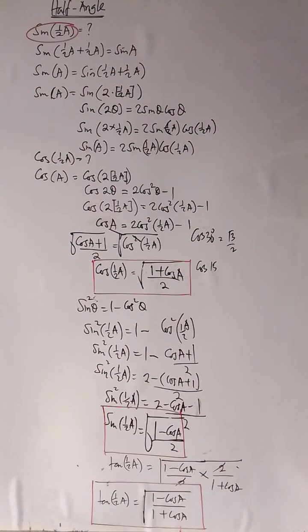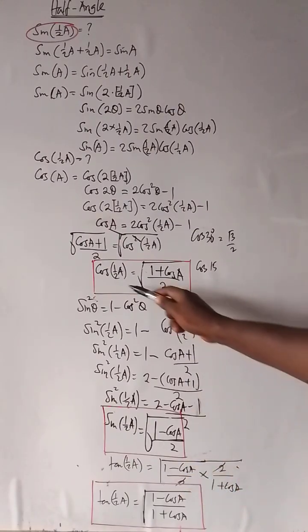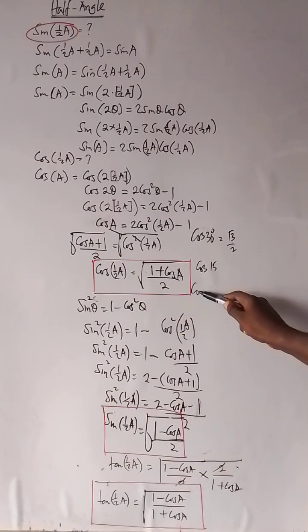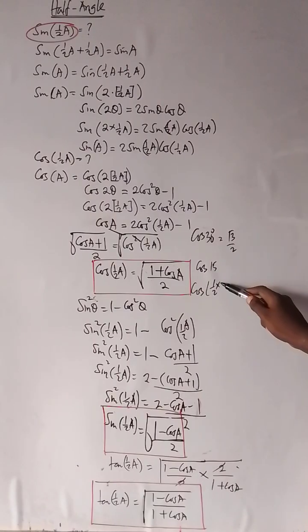So 15 is half of 30, right? In that case, you now come here. It means cos half of 30, which is 15, equals the square root of 1 plus cos A over 2, where A is now 30.